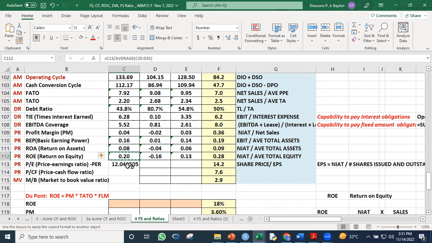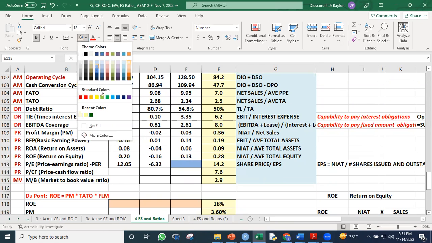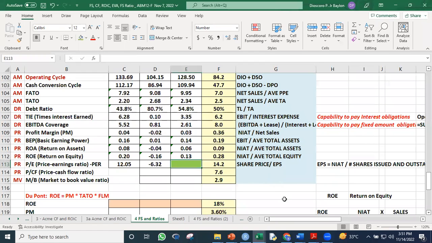Okay, kopyahin ko yung format nito. All right. Okay, so wala tayong figure dito, so wala ito. No price was given there. So, binako ko na lang.